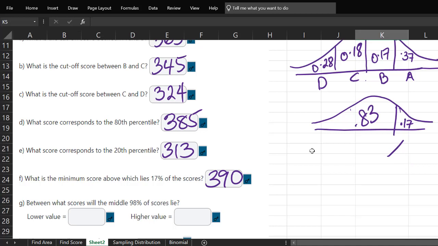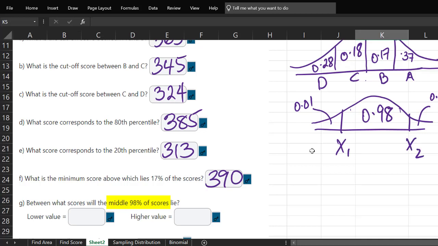Okay, now we want the middle 98% of the scores. So middle 98%, that is, we have 0.98 in the middle, which means we will have 2% left. When you divide that by 2, that will be 1% on this side, or 0.01, and 1% on that side. So we want these two values, x1 and x2. For x1, the area below that is 0.01, and for x2, the area below that will be 0.99.